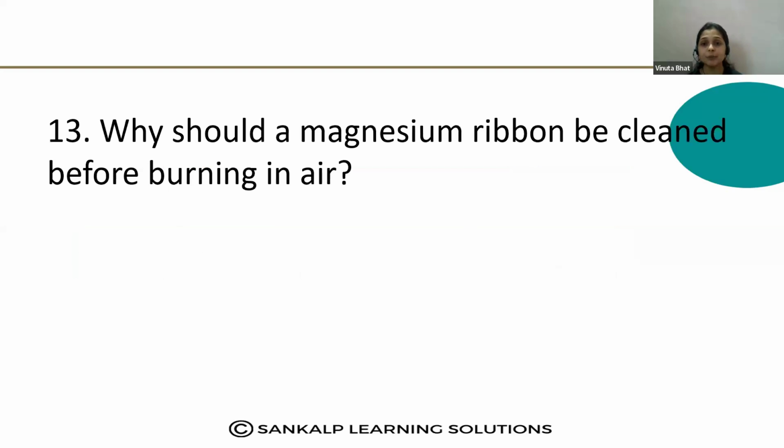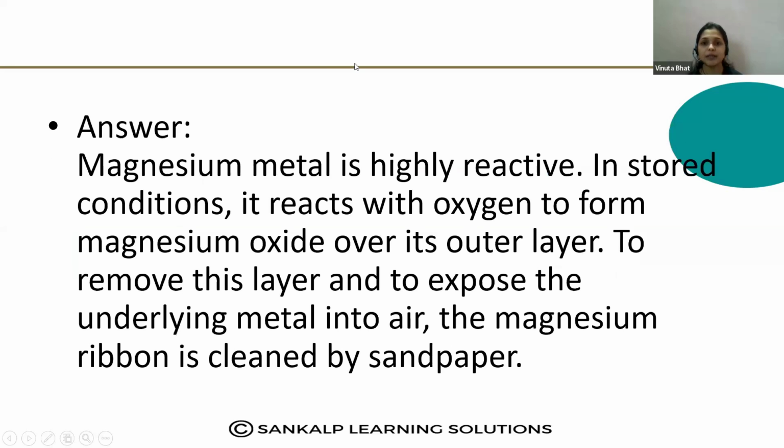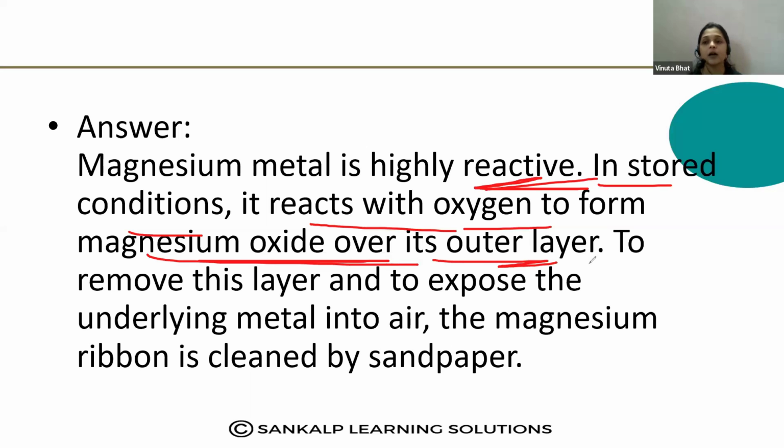Why should magnesium ribbon be cleaned before burning in air? So magnesium ribbon is cleaned, right? What is the reason behind this? Because magnesium metal is a highly reactive metal. In stored condition, it may react with oxygen to form magnesium oxide over its outer layer.